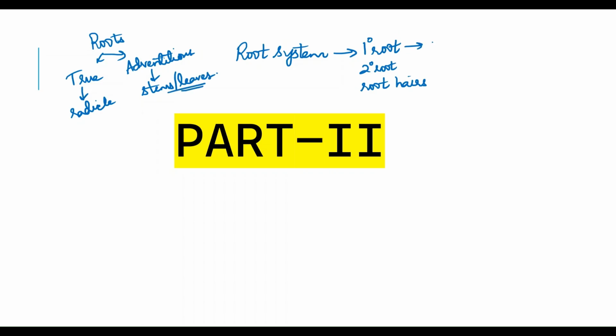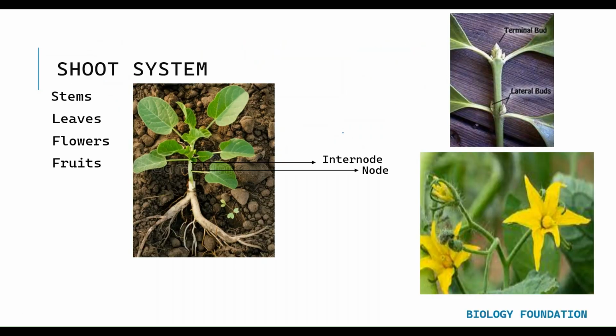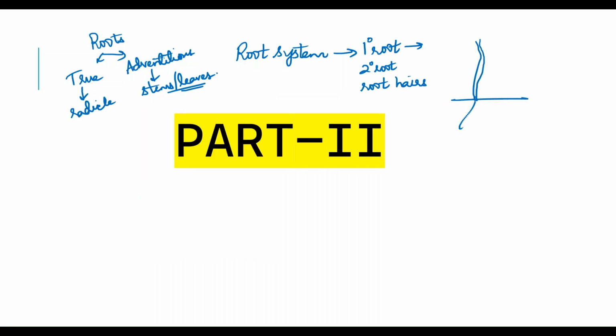And primary roots, for example, if you consider this is the stem in a plant, the roots that directly arise from the base of the stem are primary roots. Now, the roots which arise from these primary roots are said to be secondary roots.